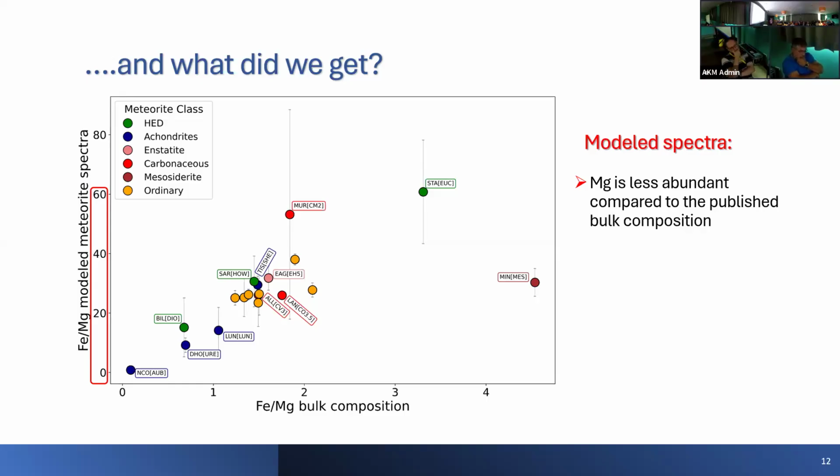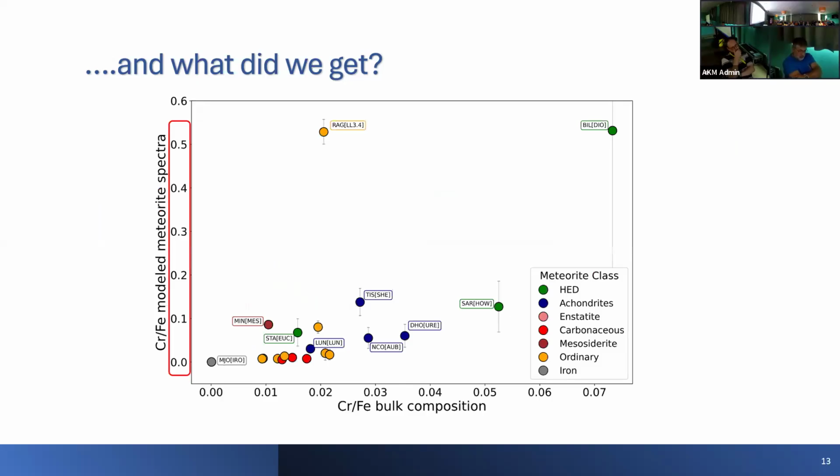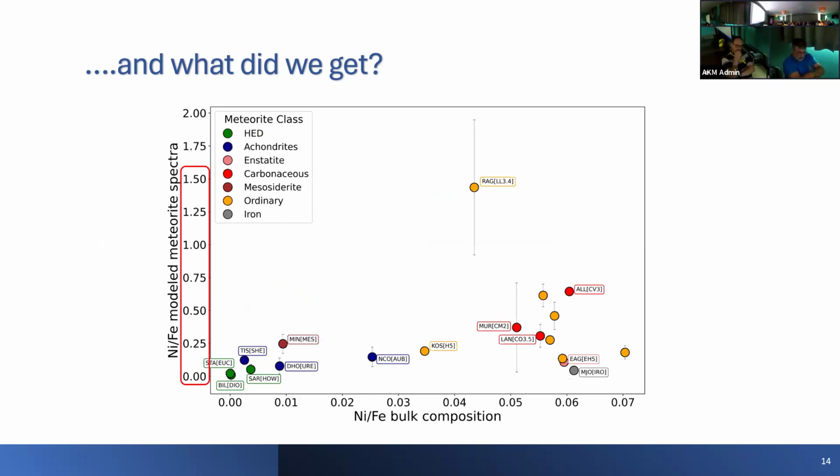However, from our modeling, we can see that the magnesium is between 20 to 40 times less abundant relative to iron. And similarly, we found, for example, chromium to be more abundant than it should be compared to its published values. And the same goes, for example, for nickel.